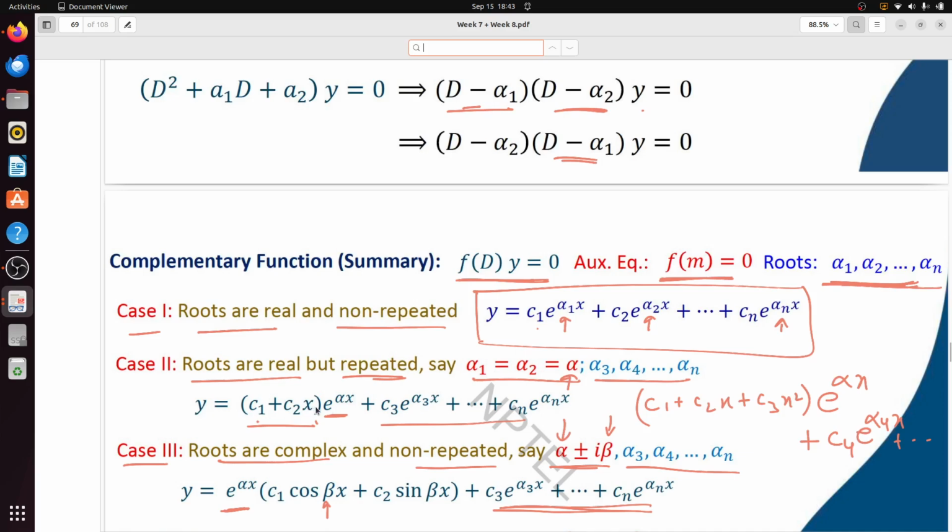So to make a linearly independent copy from e^(alpha x), since alpha 1 equal to alpha 2 equal to alpha, you just multiply with x one time. So you will write c1 e^(alpha x) plus c2 x e^(alpha x), and then the non-repeated terms. Am I clear?